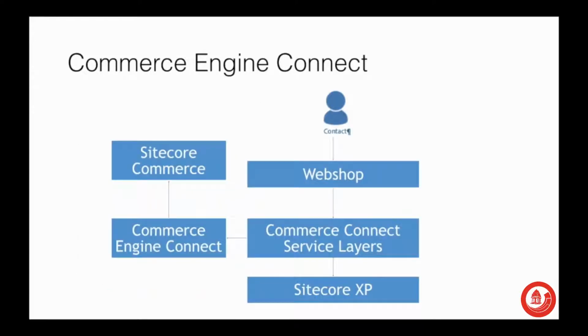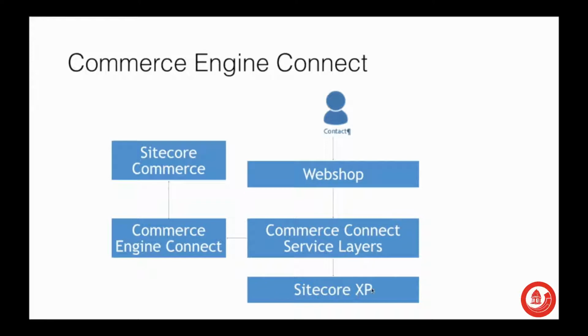So this slide is about the commerce engine connect. This is the connector plugin that is provided by Sitecore. It basically connects your Sitecore with the commerce engine. On the top, let's say that you have a user on the website, web shop. Commerce Connect, the abstract service layers, are here, and at the bottom you have the Sitecore XP.